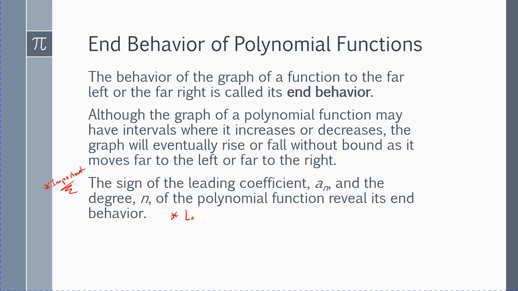So the degree and leading coefficient reveal end behavior. This is one of the first important concepts that you'll see later on in our lectures, one of the first and most important concepts for figuring out what the graph of a polynomial function is going to look like.